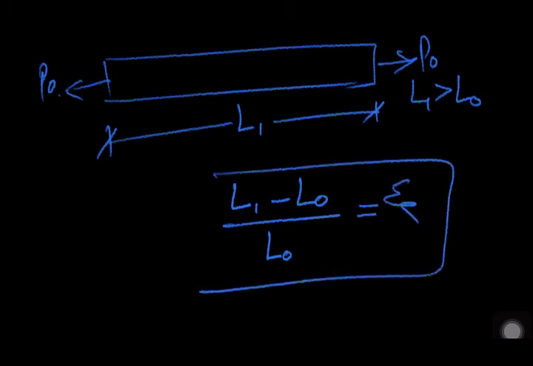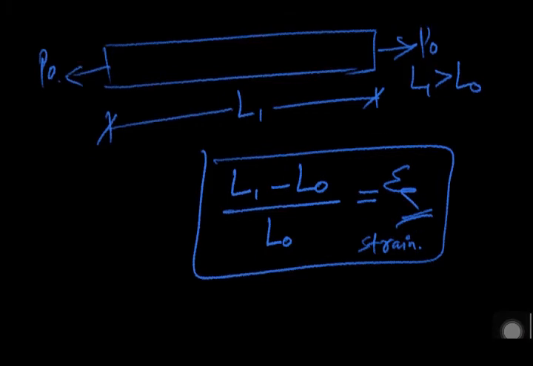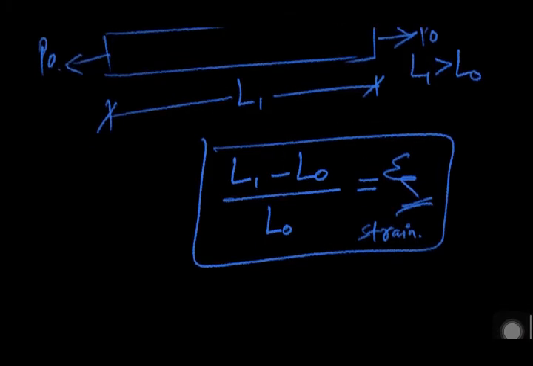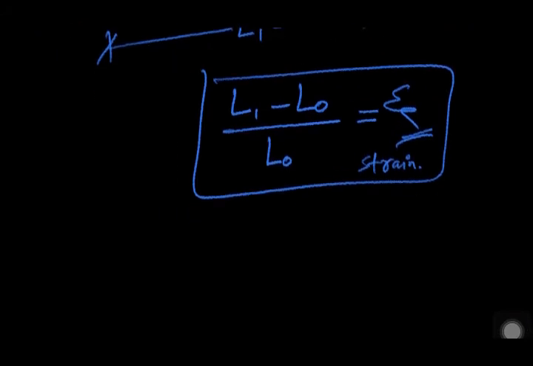That means change in length per unit length, or change in dimension per unit dimension, is nothing but the strain. It is a dimensionless quantity, an order 2 tensor quantity, that I will define further in the preceding class.